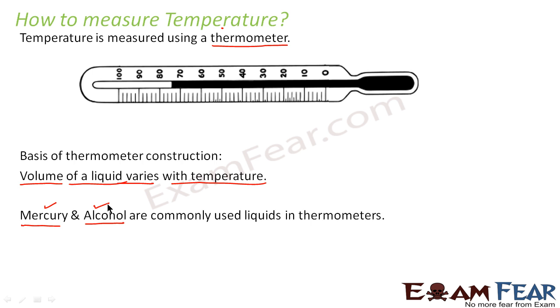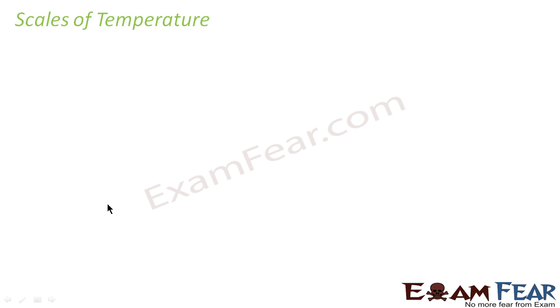Now that we have talked about what is temperature, what is heat and how do we measure temperature, let us look at the different scales of temperature. When we measure temperature, there are certain points which are taken as the reference points or the fixed points to determine the scale of temperature, so that even though there are different scales of temperature, they all are equivalent or universal.